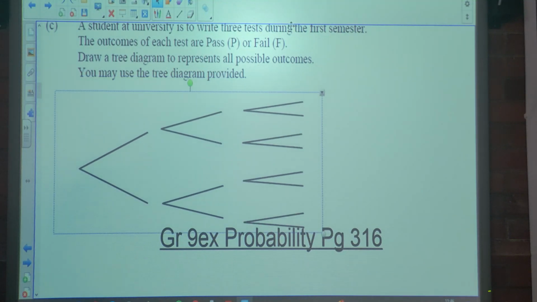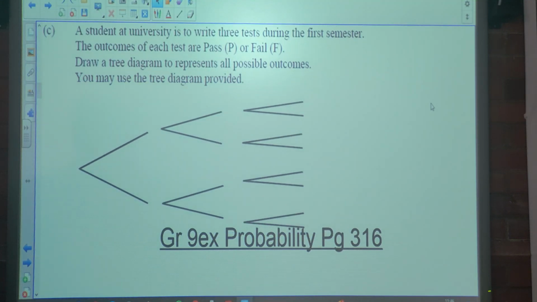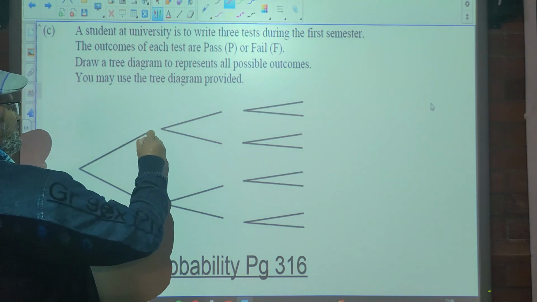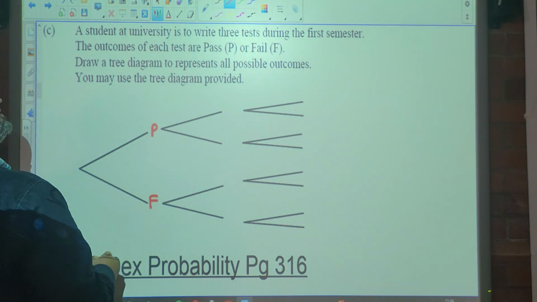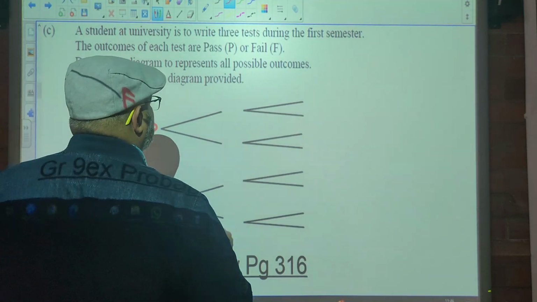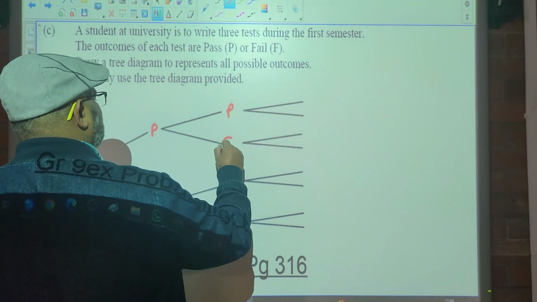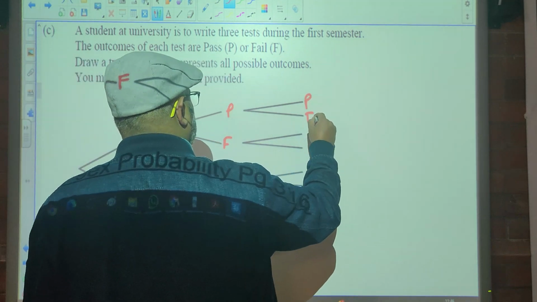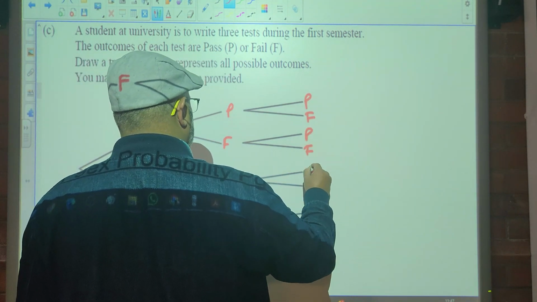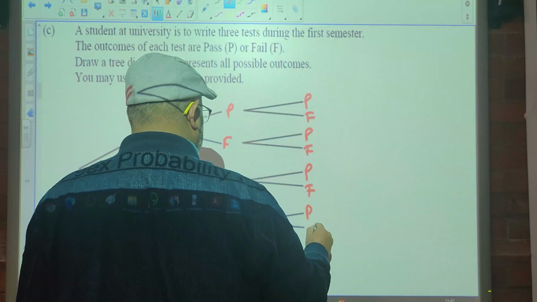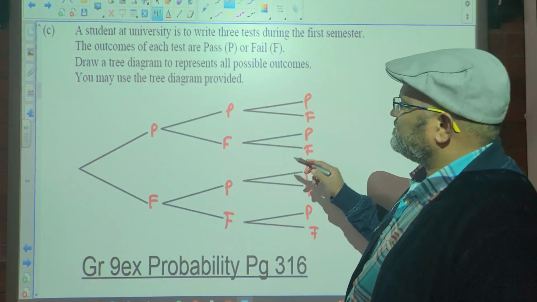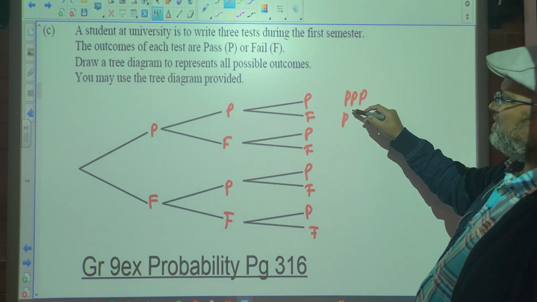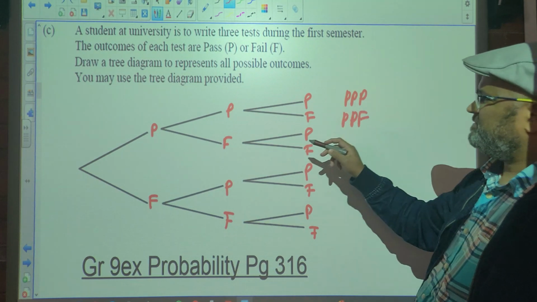Alright, so let's group. So it's either pass or fail. Then pass or fail, pass or fail. Pass or fail, pass or fail, pass or fail, pass or fail. What are my outcomes? Pass, pass, pass. Pass, pass, fail.